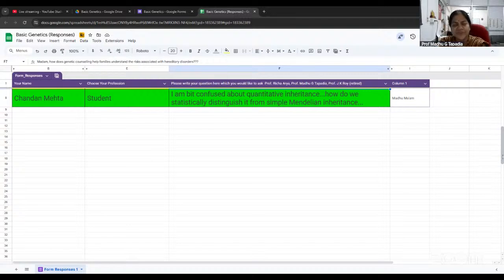So there is no different method in quantitative inheritance. Quantitative inheritance is continuous inheritance, and the traits we generally talk about in Mendelian inheritance are discontinuous inheritance. Both follow Mendelian laws, and statistical tests can be applied.